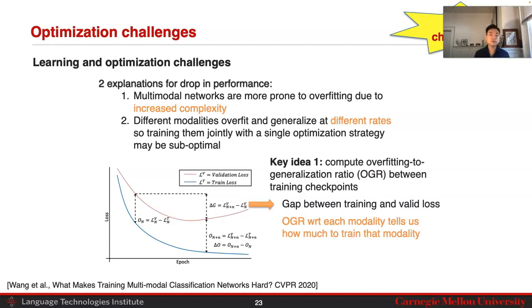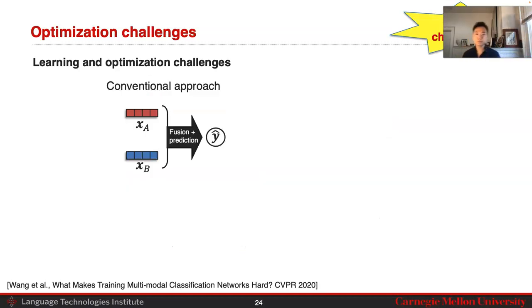I think none of these have fully solved the problem, but one idea they proposed was to keep track of how much each modality is learning from your data and overfitting, and therefore try to balance the learning rates of each modality such that they are better balancing training across your modalities.